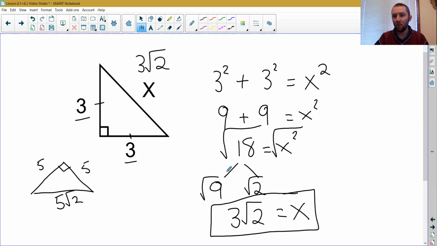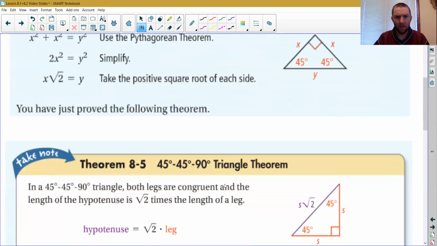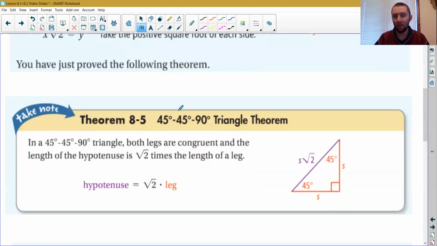So if we look at what our book does, they have a theorem about this. They call it the 45-45-90 triangle theorem. So a 45-45-90 triangle is a triangle that has two 45-degree angles and a 90-degree angle.